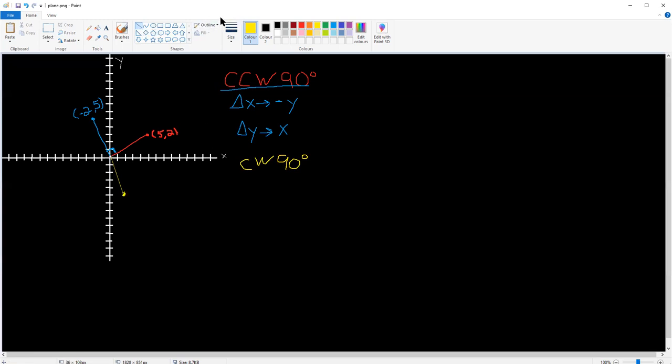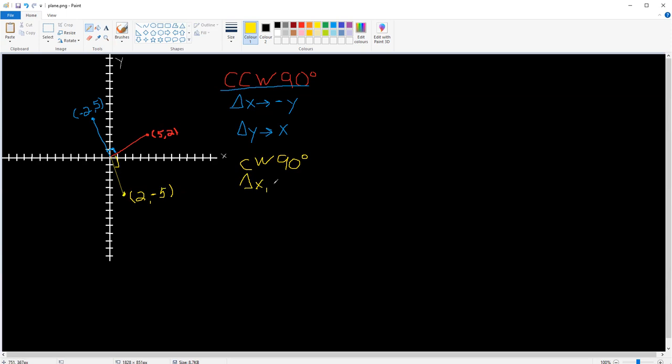Okay, and that's the 90-degree angle. Doesn't look that great, but the point itself is, it says 1, 2, 3, 4, 5. Yep, the point itself is (2, -5), and the change in x, our initial x value, became our y value.